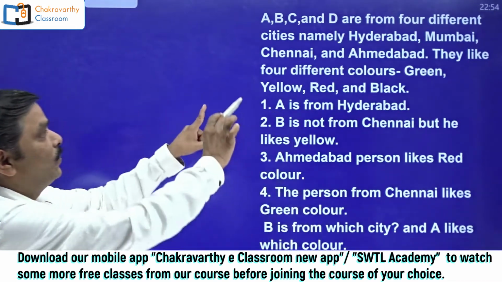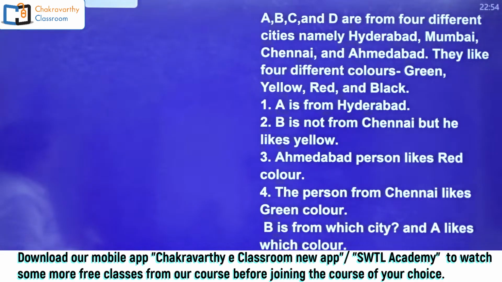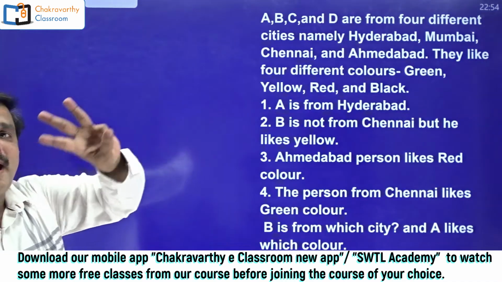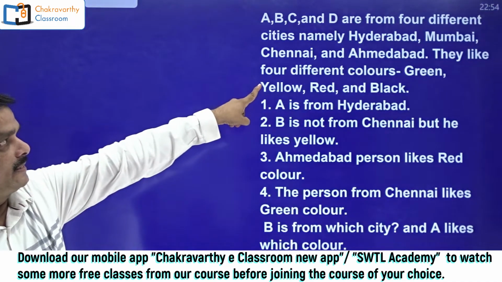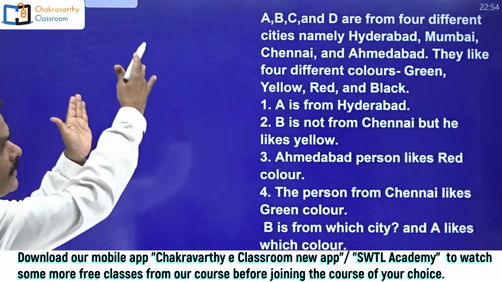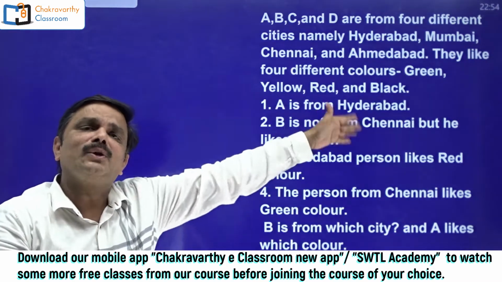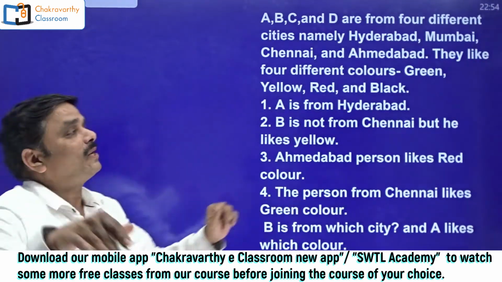First, you need to see how many parameters they have given in the question. Clearly they have given three parameters: A, B, C, D persons, four cities and four colors. You can start with any parameter. I am starting with persons.